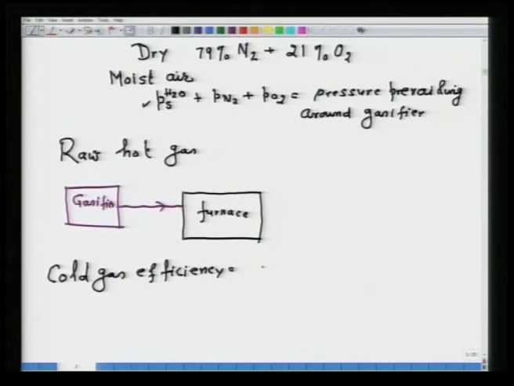And cold gas efficiency would be potential energy, and the potential energy is also called calorific value of producer gas, divided by total heat input.